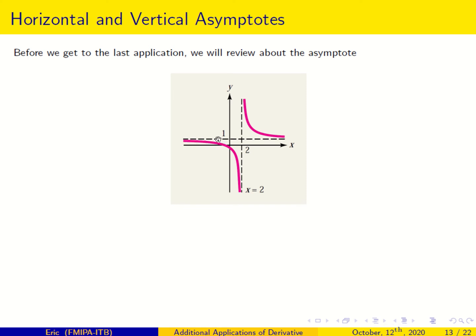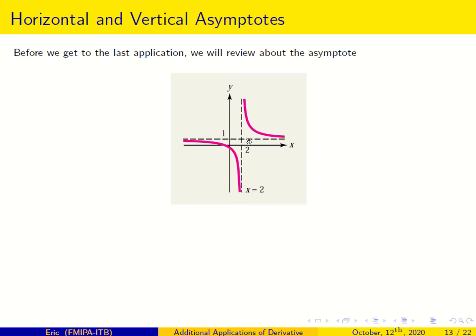So we call y equals 1 the horizontal asymptote of this function. The same for when x goes to infinity, it will go to the height 1. And this is the horizontal asymptote, and this is the vertical asymptote.